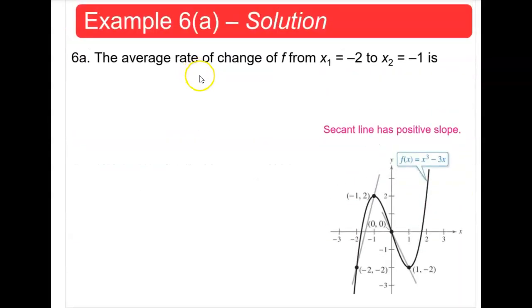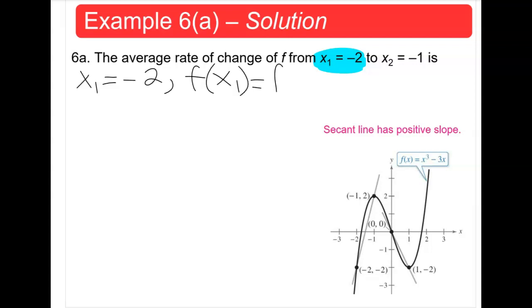Okay, so we're going to find the average rate of change. It's like we're finding the slope of a function that is not linear, and that's perfectly fine. We have two x values. One of those is x sub 1. If x sub 1 is equal to negative 2, we need to identify the output for that x sub 1.